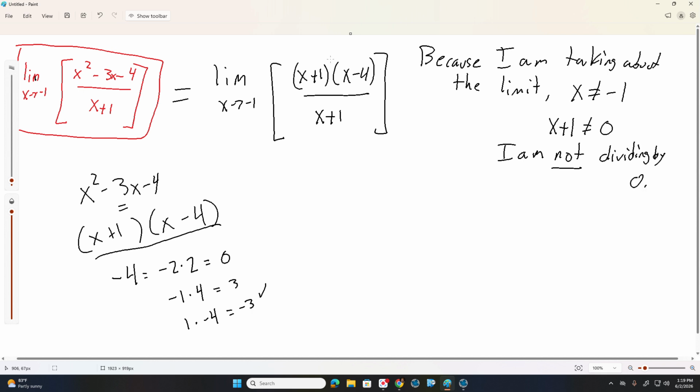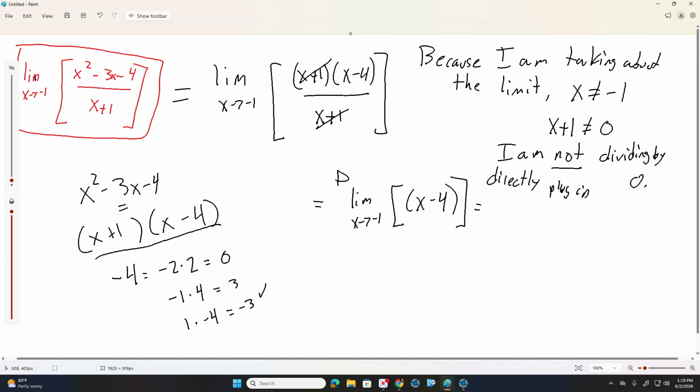So I can cancel the x plus 1 in the numerator and the x plus 1 in the denominator. So notice what I'm going to get is the limit as x approaches negative 1 of just x minus 4, which turns out to be, now I can directly plug in.